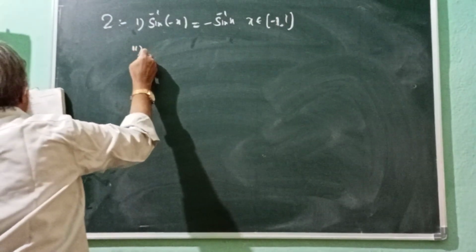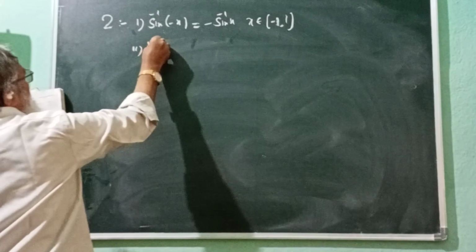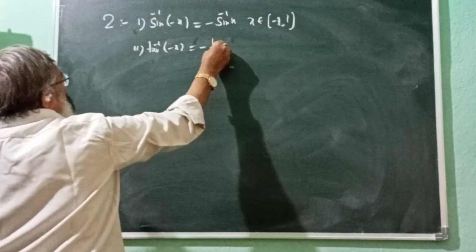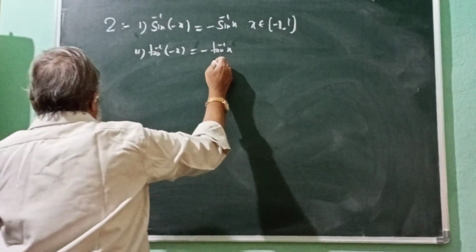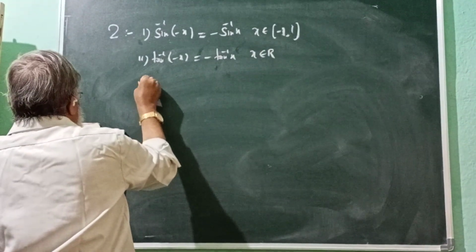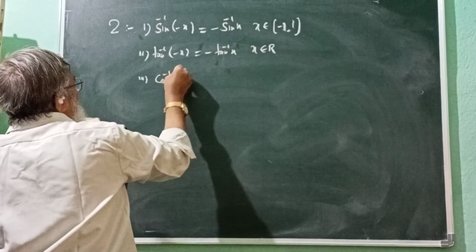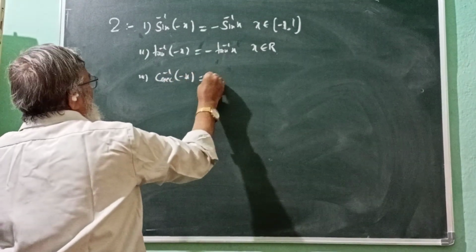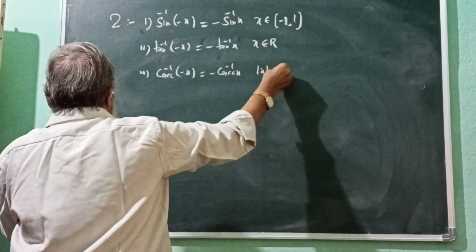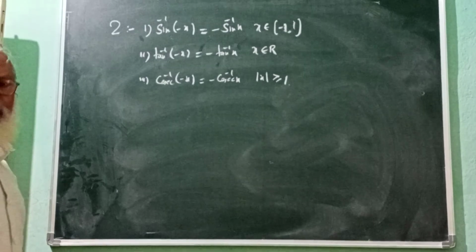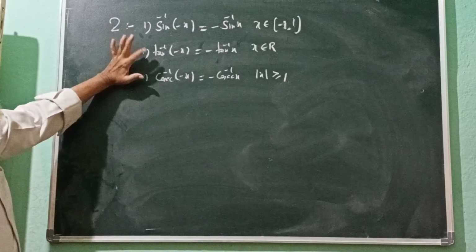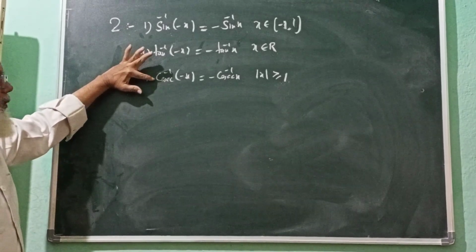Second one: tan inverse of minus x is equal to minus tan inverse of x, where x belongs to the real numbers R. And the third one is cosec inverse of minus x is equal to minus cosec inverse of x, where mod of x is greater than or equal to 1. We have to prove these one by one: sin inverse minus x, tan inverse minus x, and cosec inverse minus x.